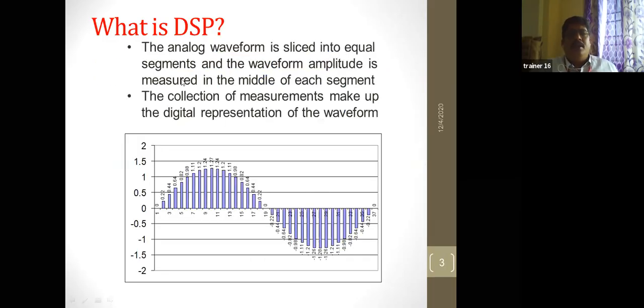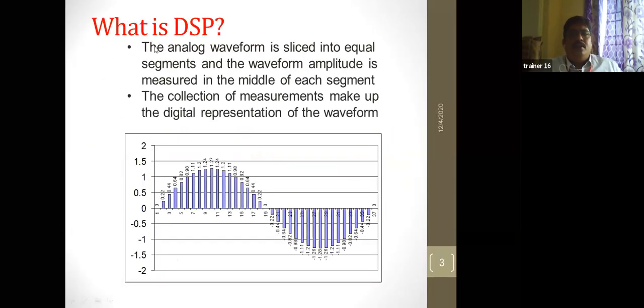If you observe clearly, in digital signal processing, the digital signal is being processed. The digital signal is a series of digital levels.